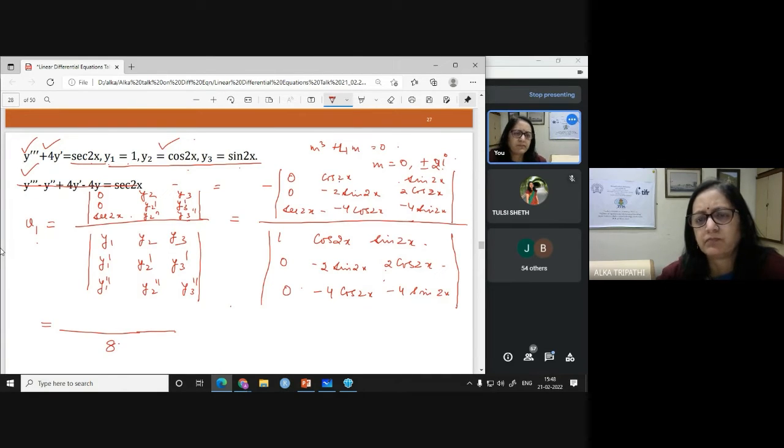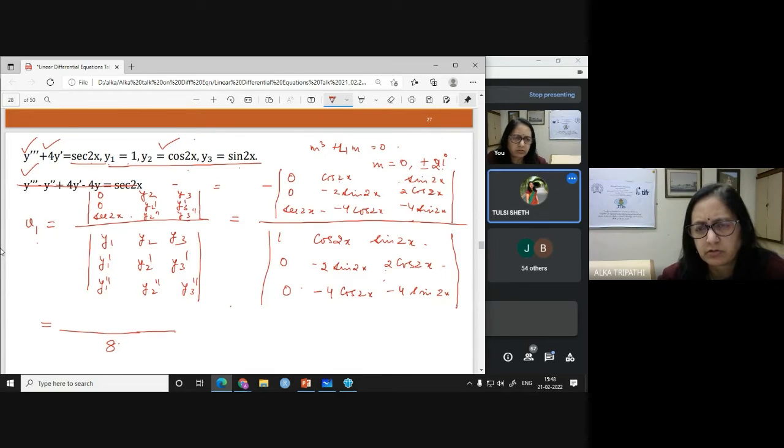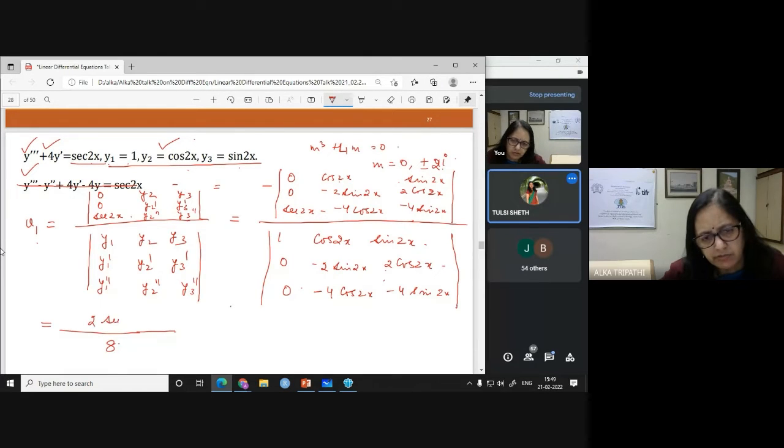The numerator will be again cos square x, sin square x, so 2 sec 2x.